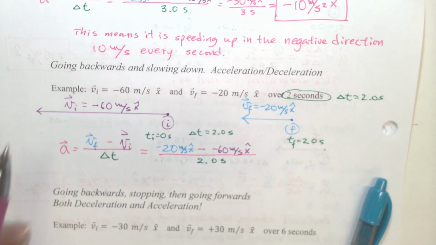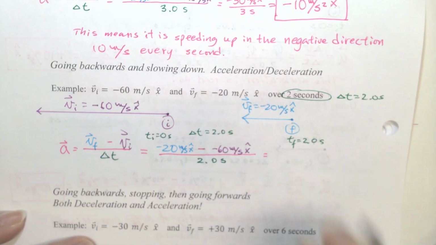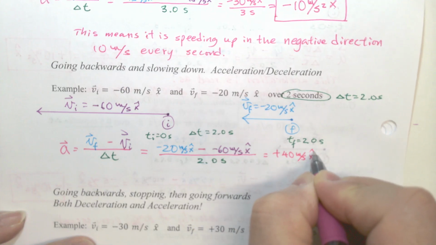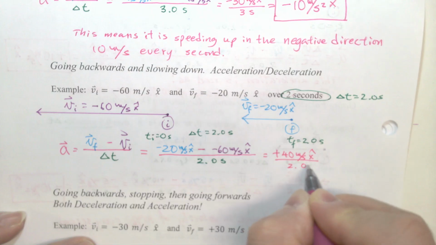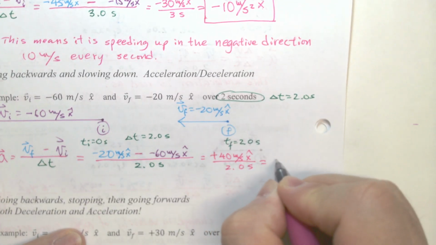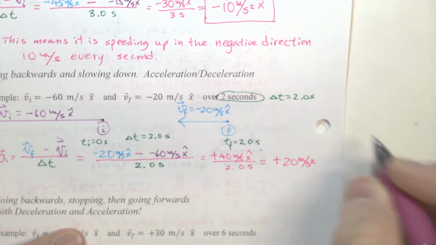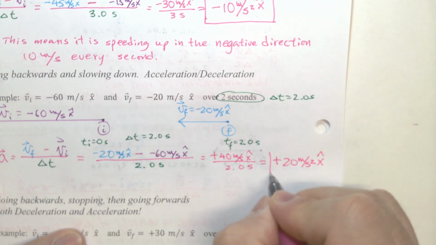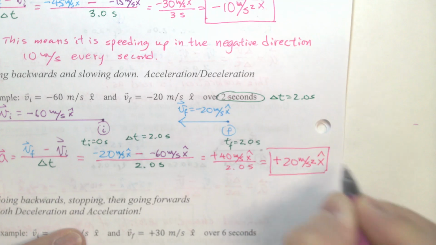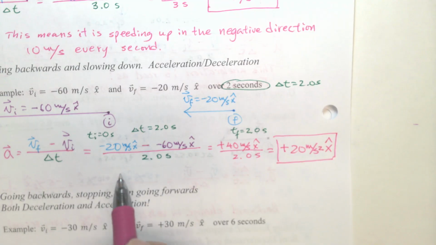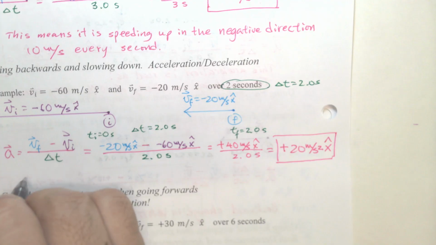Therefore, this becomes positive 40 meters per second x hat over 2 seconds, so my acceleration is positive 20 meters per second x hat. So this means it's slowing down, going backwards.